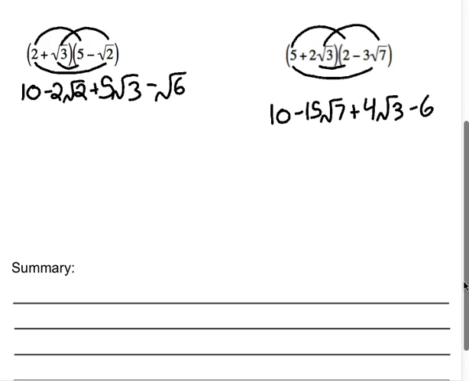There, multiply the outsides, and then multiply the insides. When you do that, once again, the radicals are not like radicals, so they don't end up being able to combine, so that can stay as my answer.